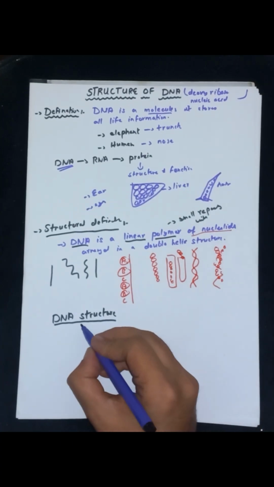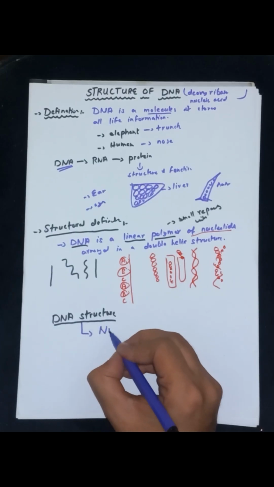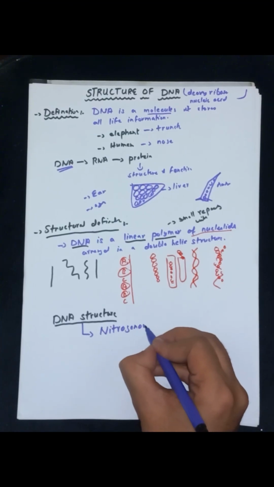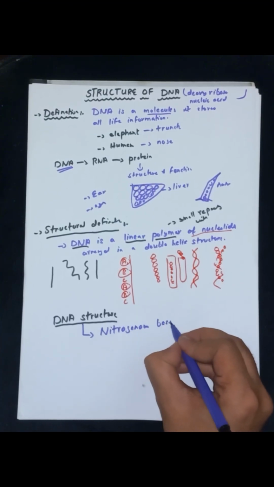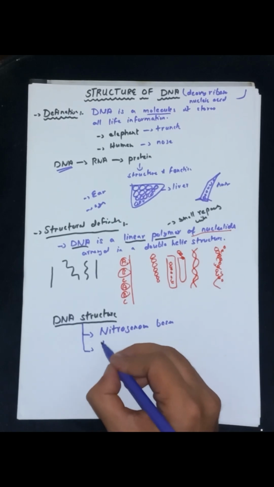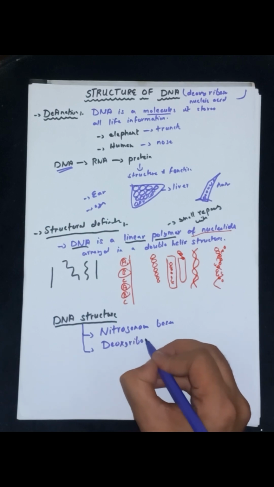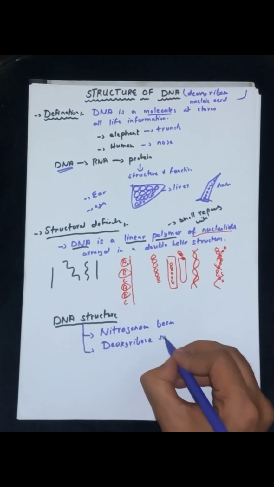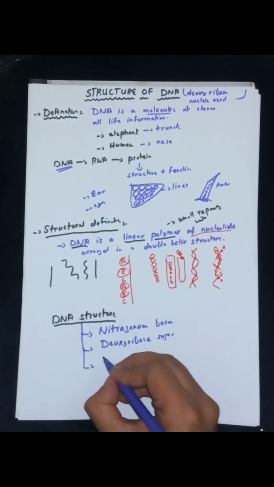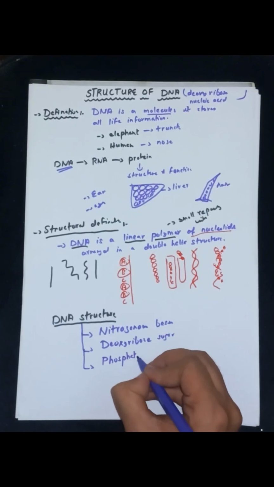So what do we need in a DNA structure? Firstly, we need nitrogenous bases. Secondly, what do we need? Deoxyribose sugar. Thirdly, what do we need? Phosphate group.